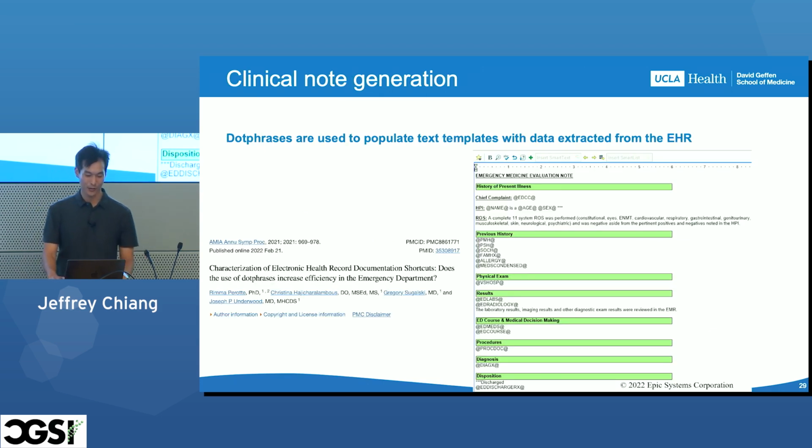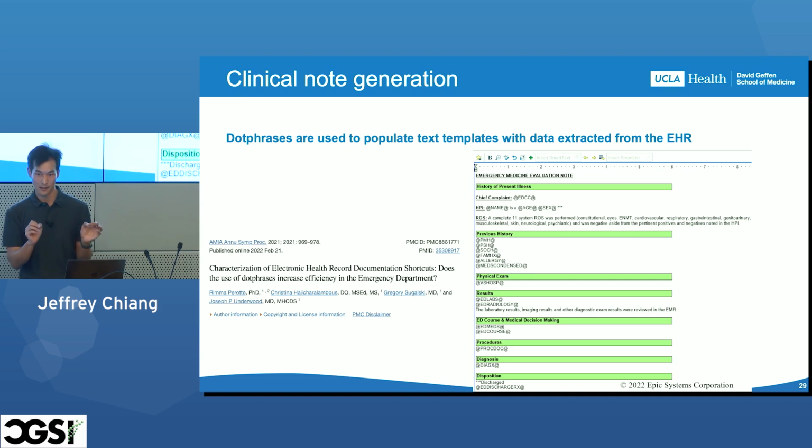I just wanted to show an example of one of these clinical note templates with dot phrases, and hopefully you can see this template on the left. One interesting thing to note here is if you see a field surrounded by @ symbols, this is a dot phrase.